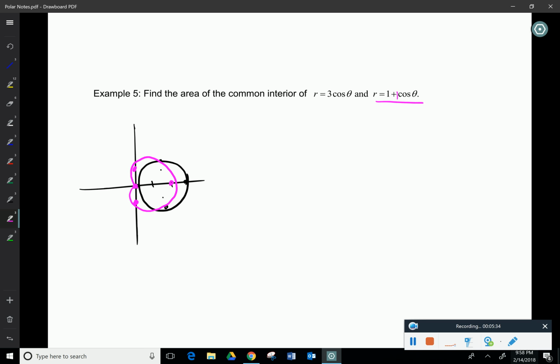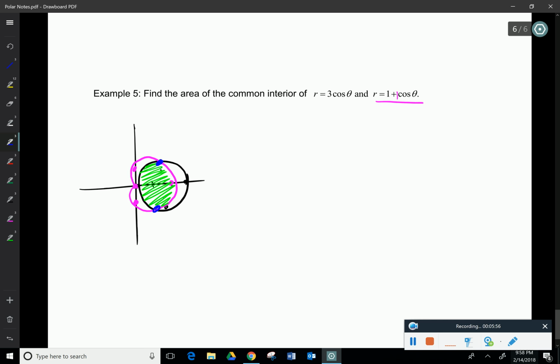And I want the area that is the common interior, so the part that's inside of both. So I'm thinking all of this inside here. It's bounded on one side by the pink one and on the other side by the black one. Again, I'm looking at these points of intersection.